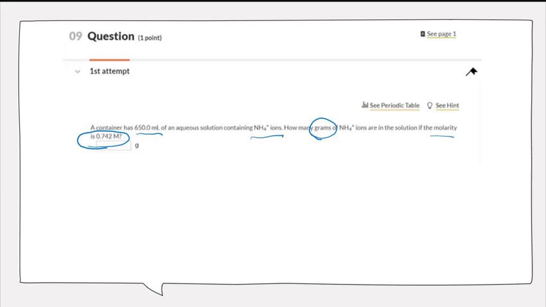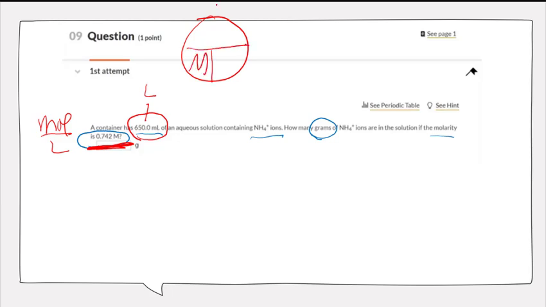Now, let's think about what we're given. We're given 650.0 milliliters, which is a volume. Let's consider changing that into liters because we're also given capital M, which is molarity, which we know is a unit of moles per liter. I'm also going to write up here my little helpful circle. Remember, molarity is moles divided by liters.